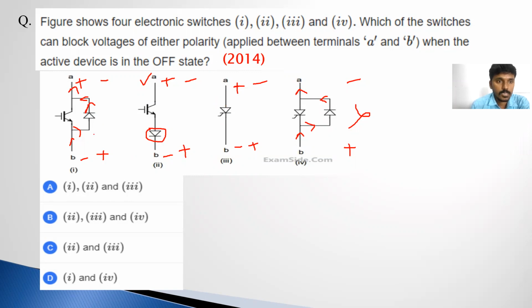So the final answer is this one and this one. Clear? So the fourth one and first one are not able to block the voltage in reverse polarities. Clear? So which is the answer? Second and third, right? C is the right answer.